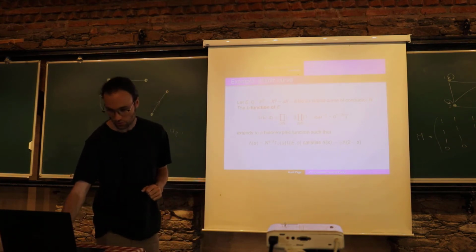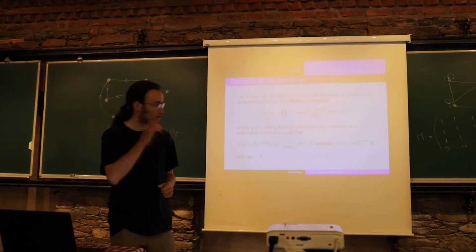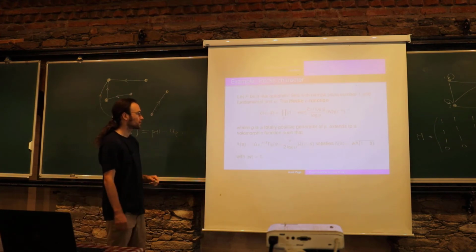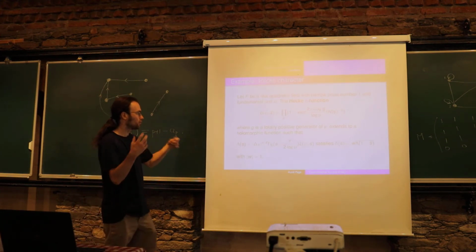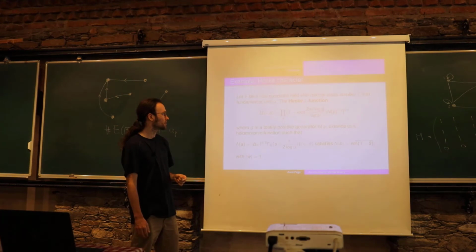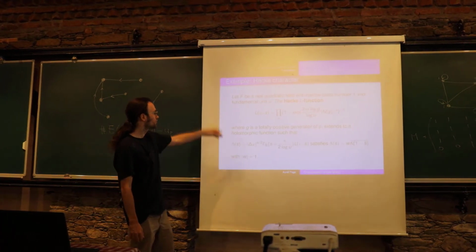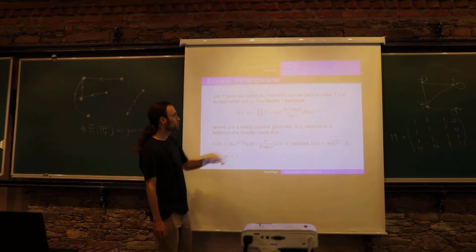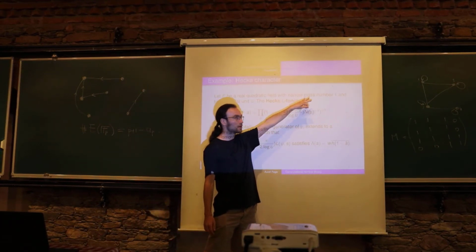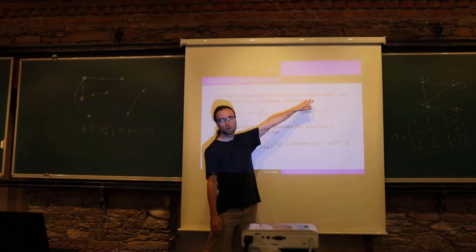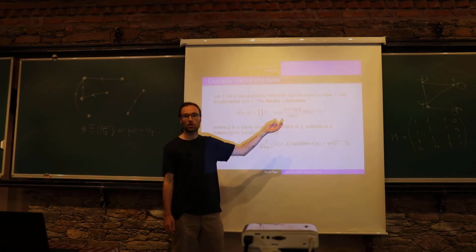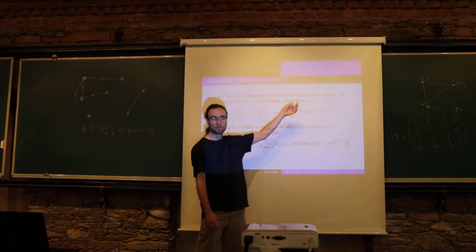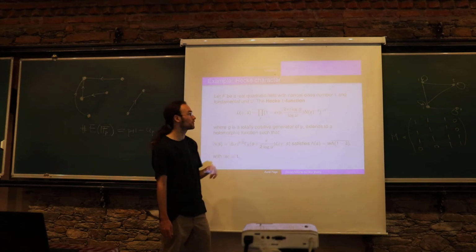Okay, so another example, to see again a bit more of the variety of things you can see. You can start with F, a real quadratic field, and I will assume narrow class number 1, meaning not just class number 1. Class number 1 would be: every ideal is principal, generated by some element of the field.